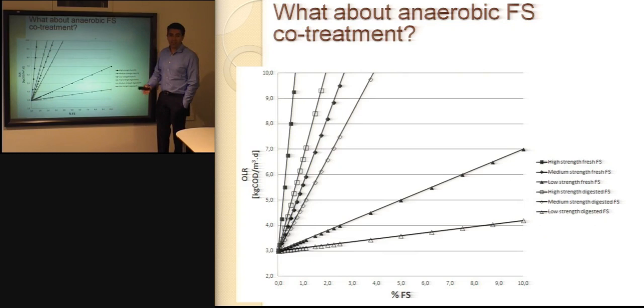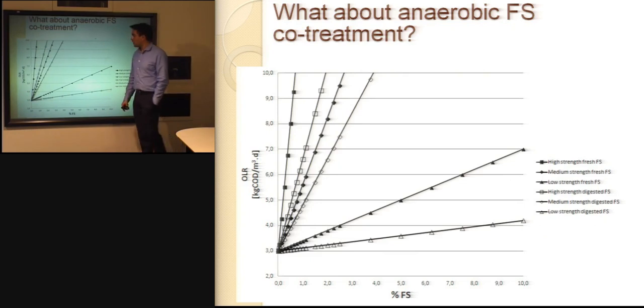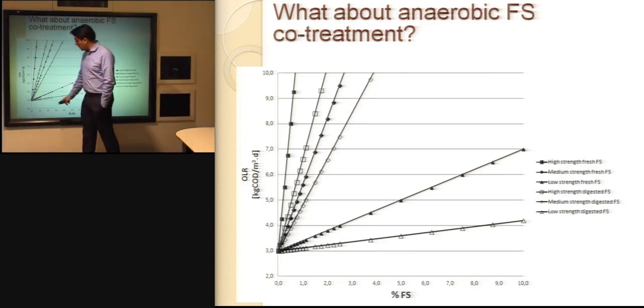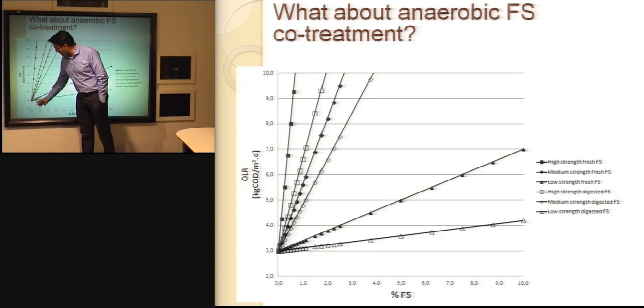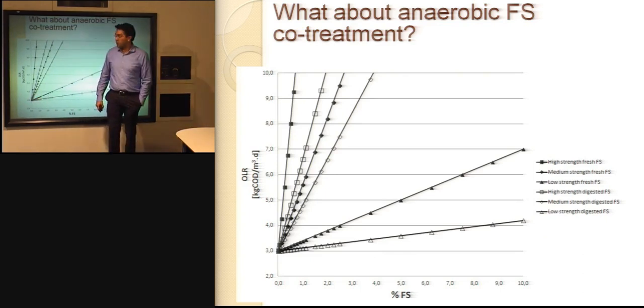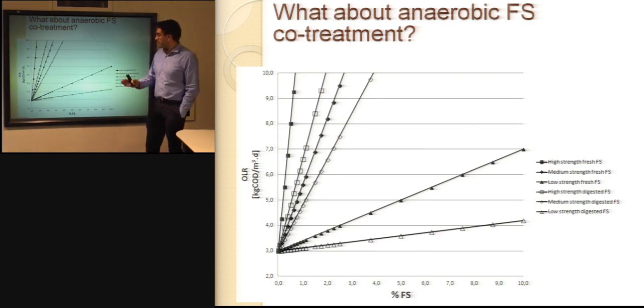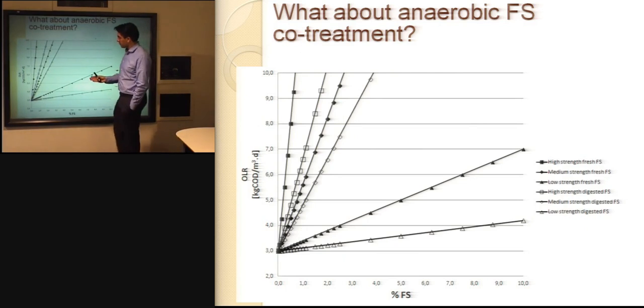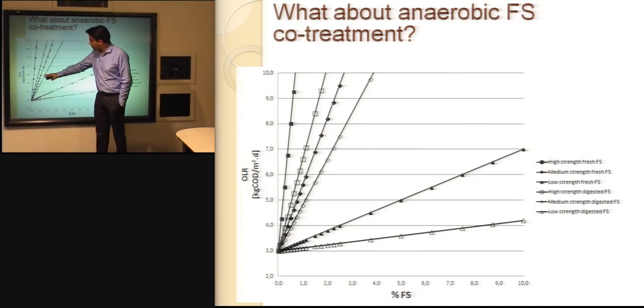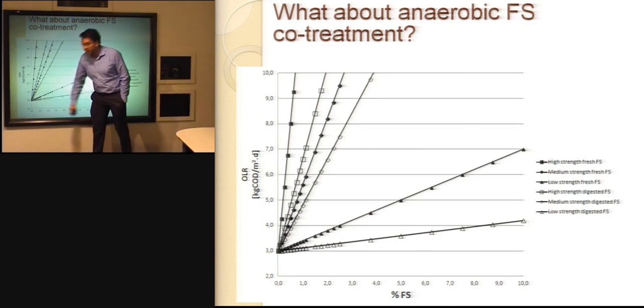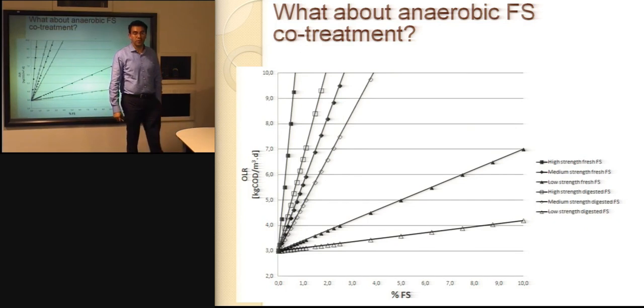And in this case, based on design criteria, we need to look at the organic loading rate. If a fictive plant is designed for 3 kilograms of COD per cubic meter per day, only with the discharge of fecal sludge, there will be a serious and considerable increase of almost double regarding the organic loading rate, with less than 1 or 2% fecal sludge discharge.